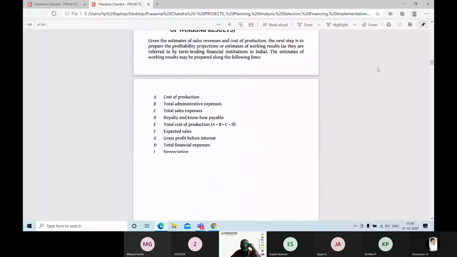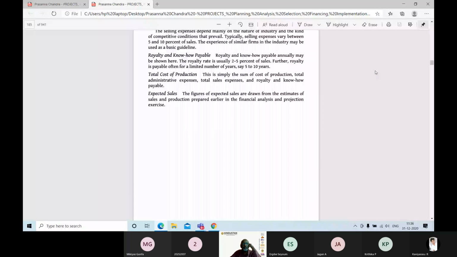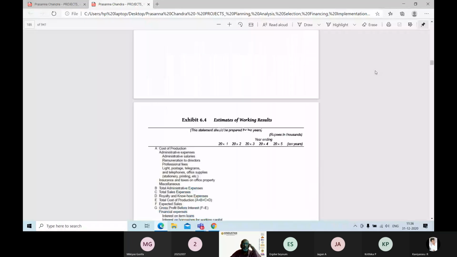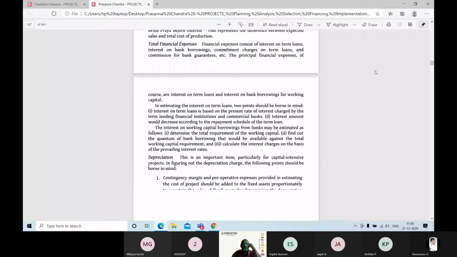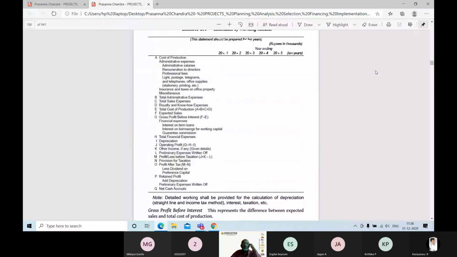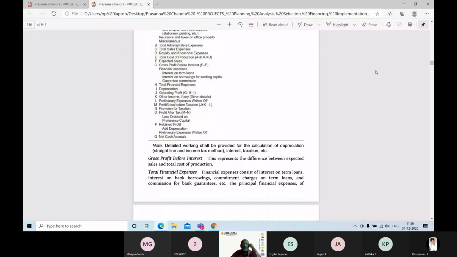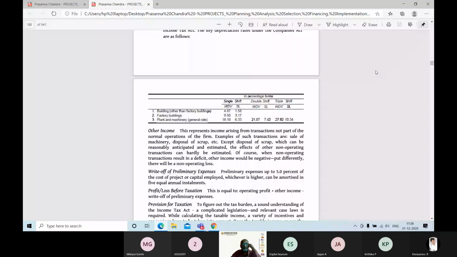We also saw how to work out the profitability projections, and the content of the working capital requirement. So all the technical terms, whether you are going to do the cost of production, the expenses, sales, royalty, total cost, all these you must know, the concept of working capital requirement.